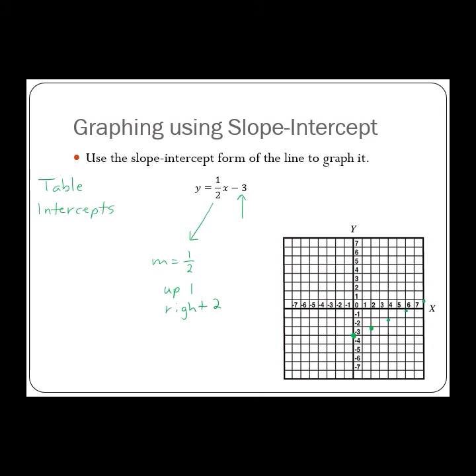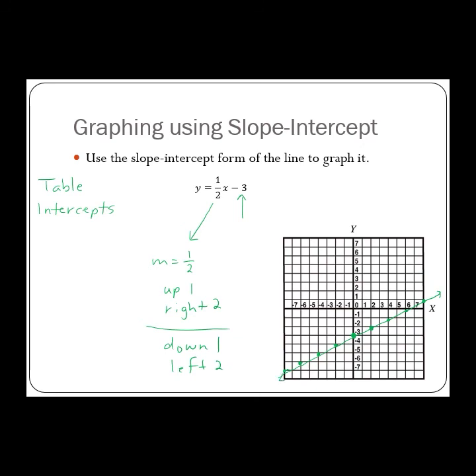And remember, that happens to be the same as going down 1, left 2: down and left, down and left, down and left. And now I have lots of points to draw my line.